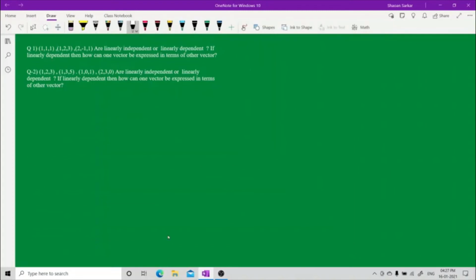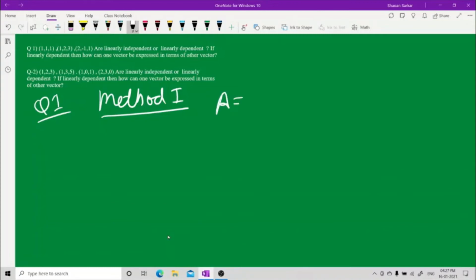Let us take the first question, method 1. Whatever vectors are given to you, you always write them in column form. You write the vectors in this manner: 1 1 1, 1 2 3, and 2 minus 1 1.